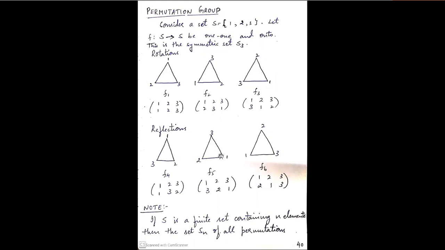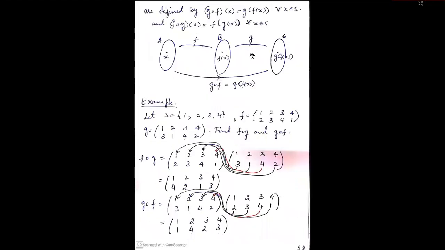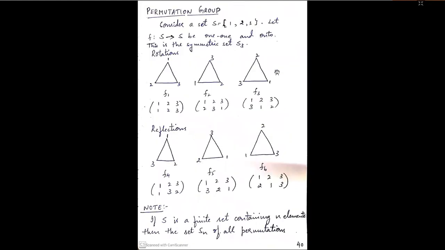So what are these permutations? Let us see now. A one-one mapping of a given finite non-empty set S of n distinct elements to itself is called a permutation of degree n. So if you have a mapping f from S to S, of some order n, and it is a one-one mapping, then it is called a permutation.